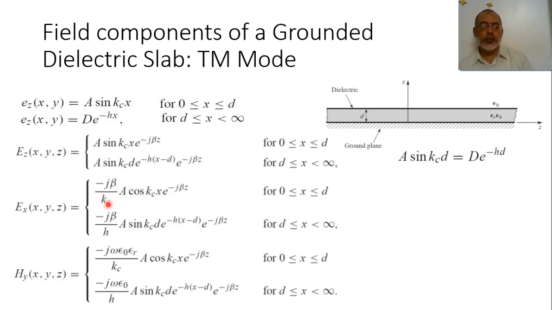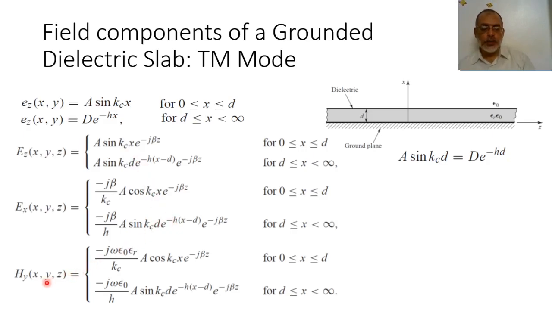So it would be minus j beta over kc A cosine kcx e to the power minus j beta z. In a similar way, here it would be minus j beta over h, and here this is the derivative with respect to x. It would be minus h over minus h squared. So this would be 1 over h, and the remaining part is the same.